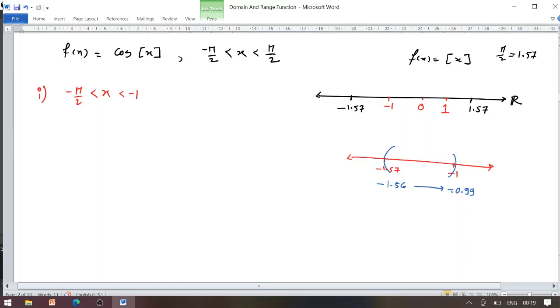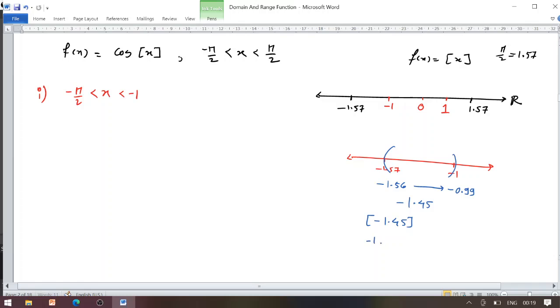Now look at this: suppose I would like to consider a value minus 1.45 over here. So the greatest integer value of minus 1.45. For that, which are the integer values that are less than or equal to minus 1.45, not greater than, that means less than or equal to.